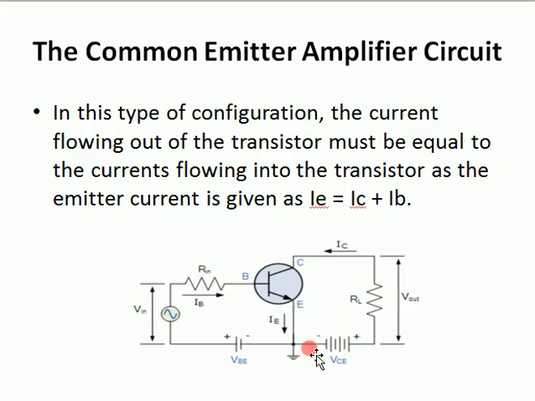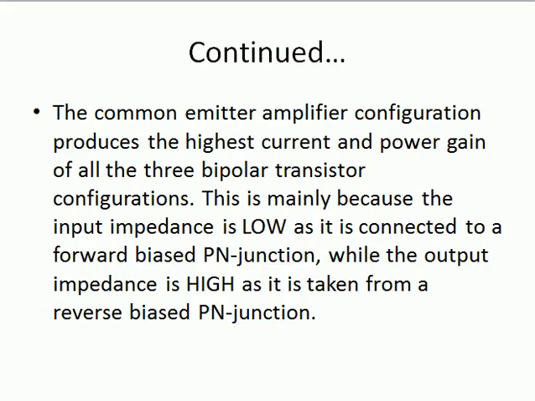We will ignore the fact that with respect to the emitter it is forward biased. Why will we ignore it? Because the emitter is already grounded, and the second thing is that we are taking the output at the collector. So that's why we say the output junction is reverse biased, and when it is reverse biased, it means the impedance is high at the output side.